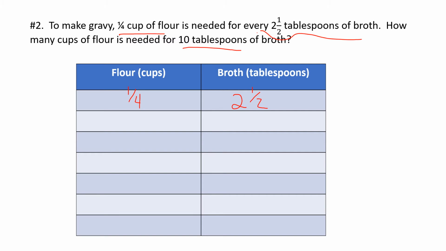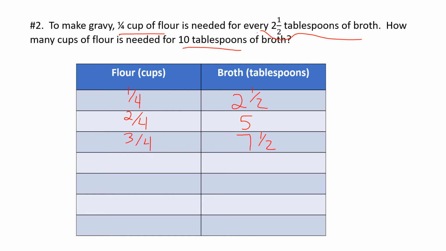If we continue this pattern, then the next row would be 2/4 cup of flour, 5 tablespoons of broth. Then 3/4 of a cup of flour, 7 1/2 tablespoons of broth.